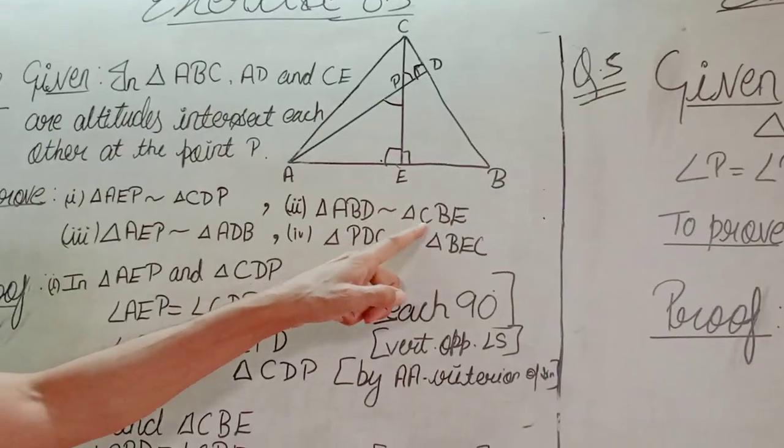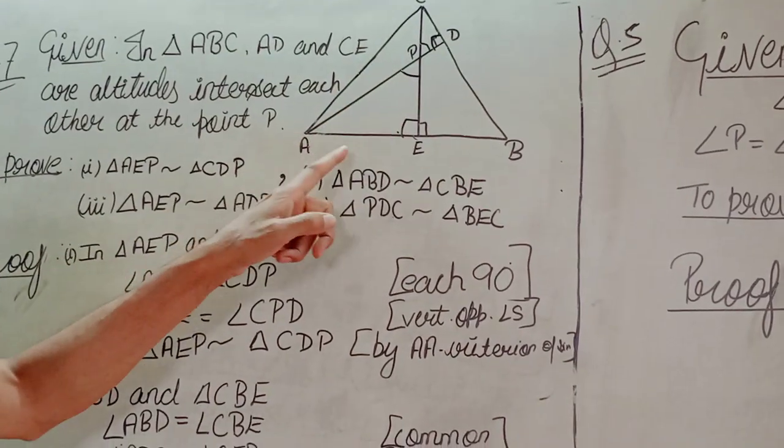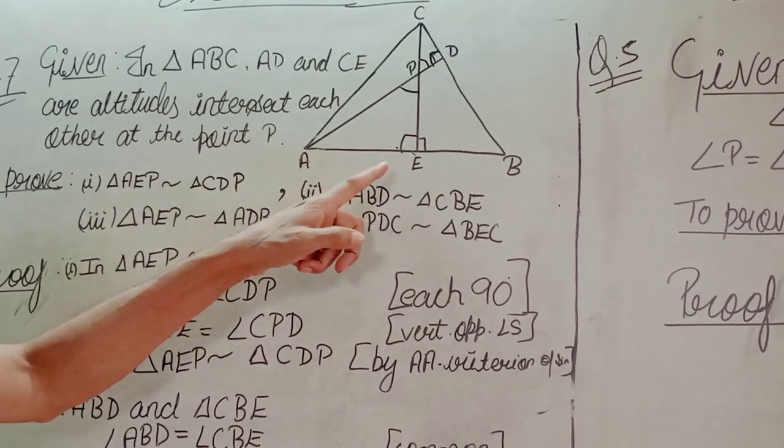Let's take up the second one. The second one we have to prove is triangle ABD similar to triangle CBE.